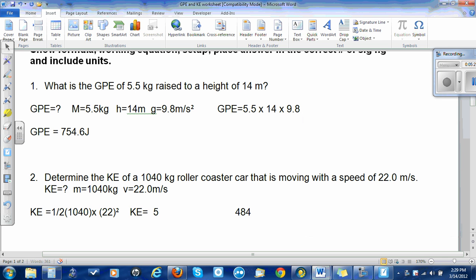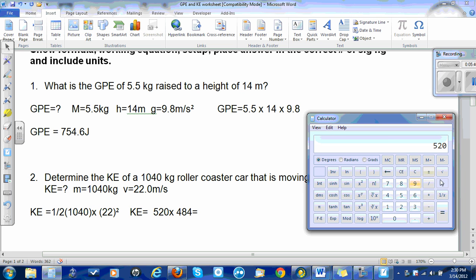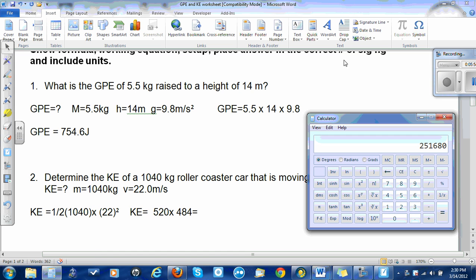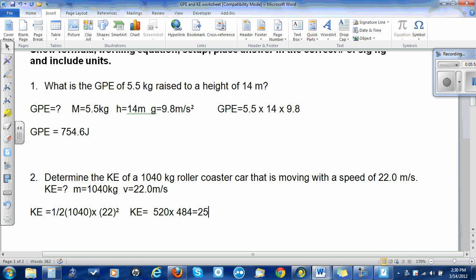So KE equals 520 times 484, and there you have the answer: 251,680, and again, joules.